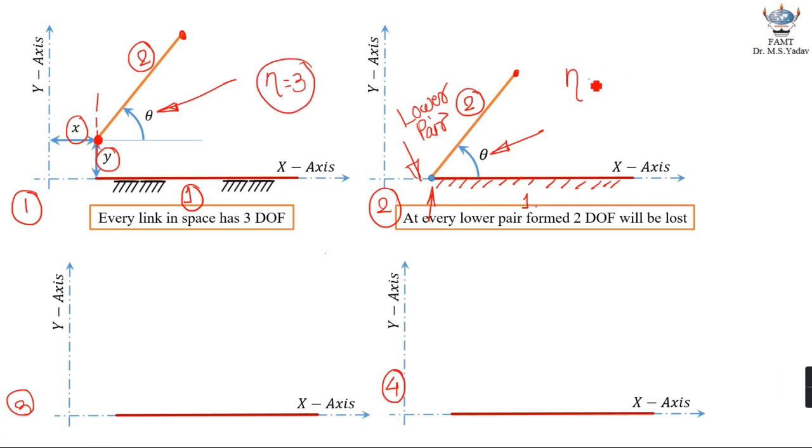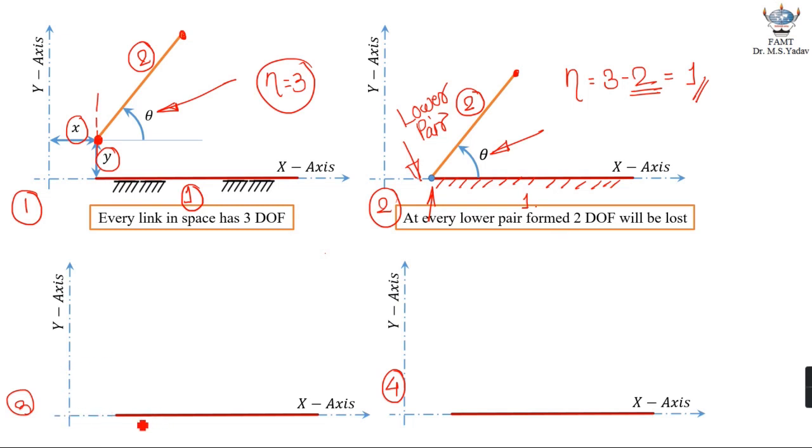Now after forming a lower pair, out of 3, 2 degrees of freedom are lost and only 1 degree of freedom is left behind. So I have said that at every lower pair formed, 2 degrees of freedom will be lost.